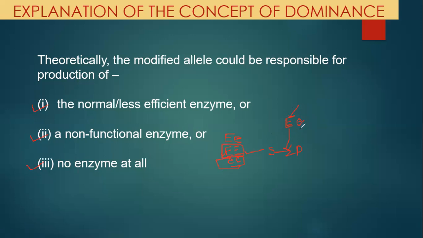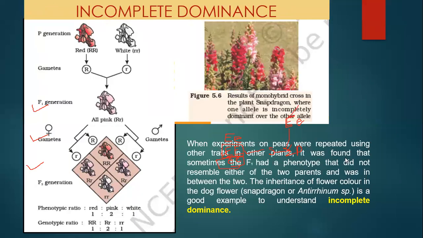So that is the concept of dominance, and that is what happens in incomplete dominance, which is seen in snapdragon or dog flower.